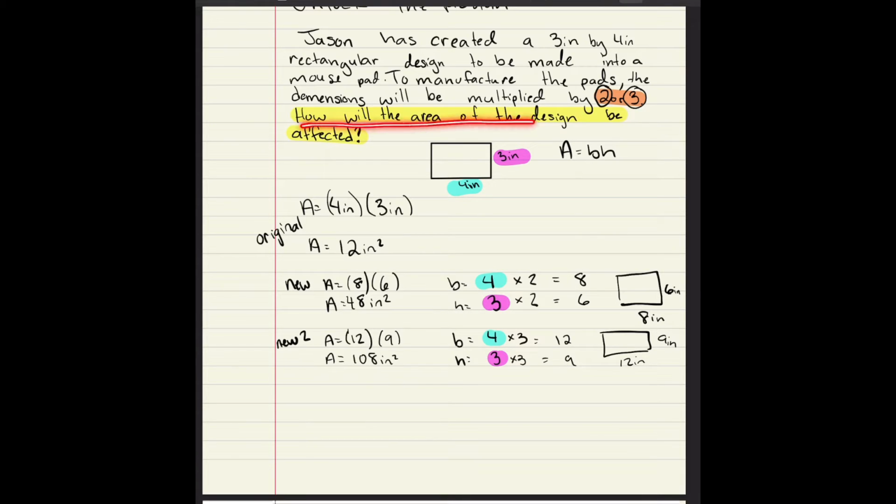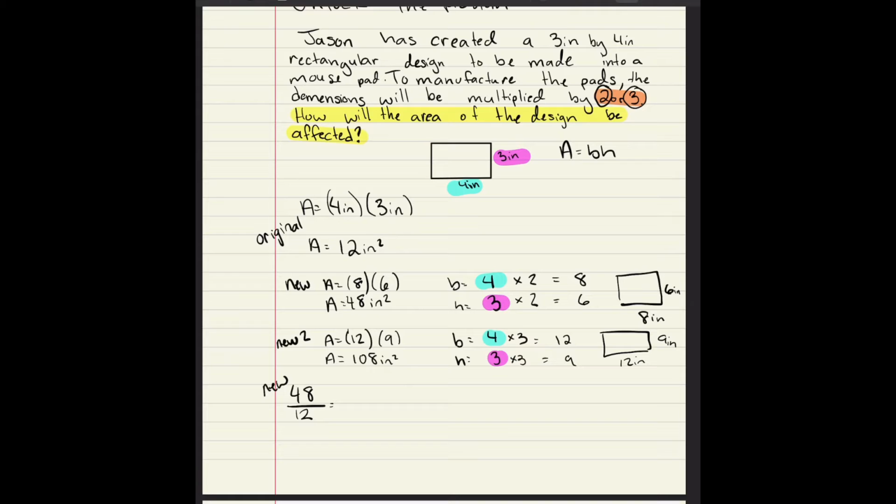All right, so I have all these areas, and the question is asking, how will the area of the design be affected? So here's the area of our design. How did multiplying it by 2 and 3 affect this design? So to find that out, I'm going to take my new area, which is 48, and divide it by my original.